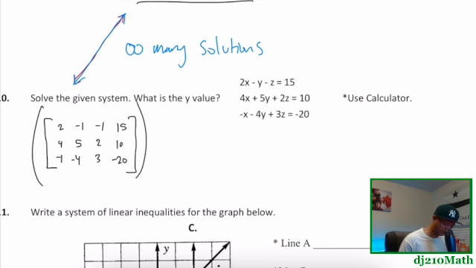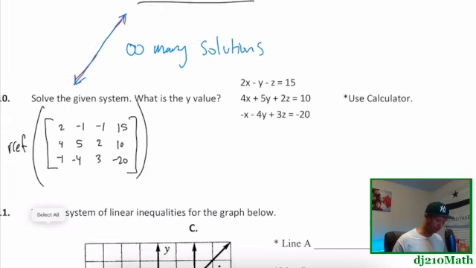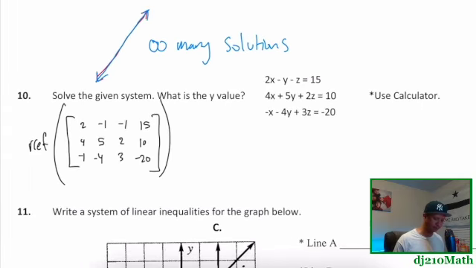We're going to go to the calculator, RREF this, and use the parentheses: RREF, parentheses, and then the matrix, 3 by 4. We see that the answer that comes out is 1, 0, 0, 5, 0, 1, 0, 0, 0, 0, 1, negative 5.